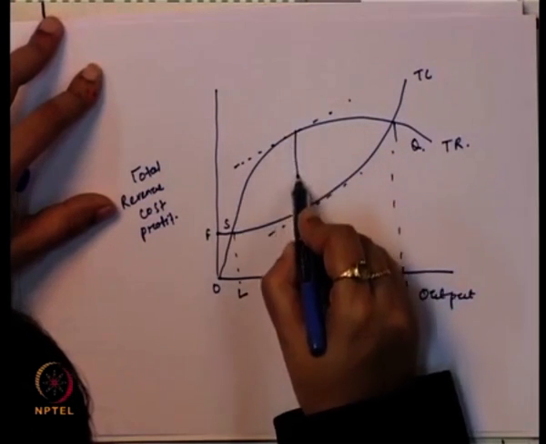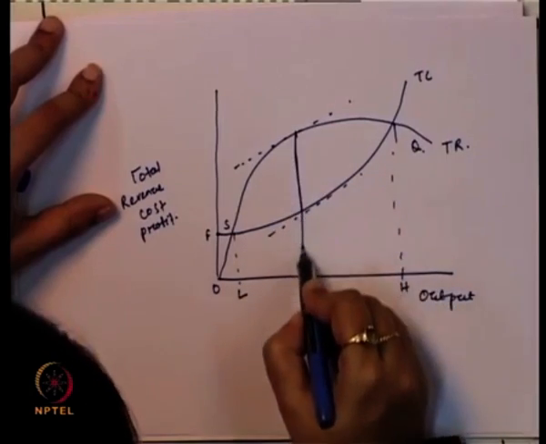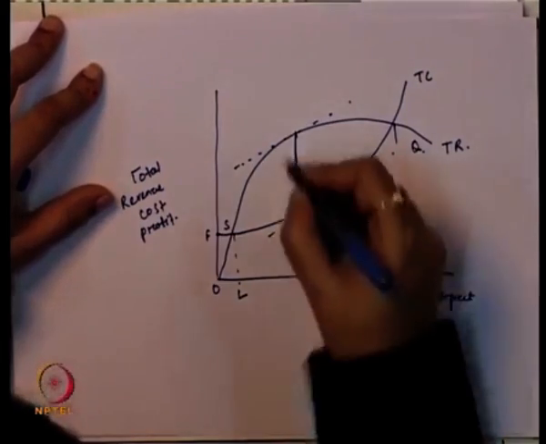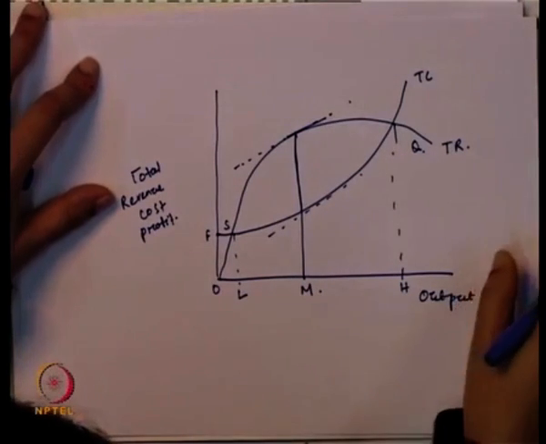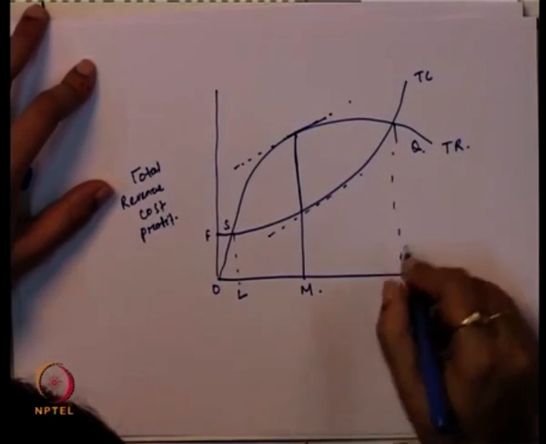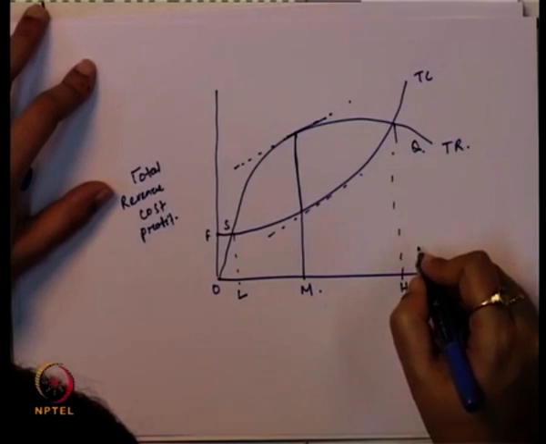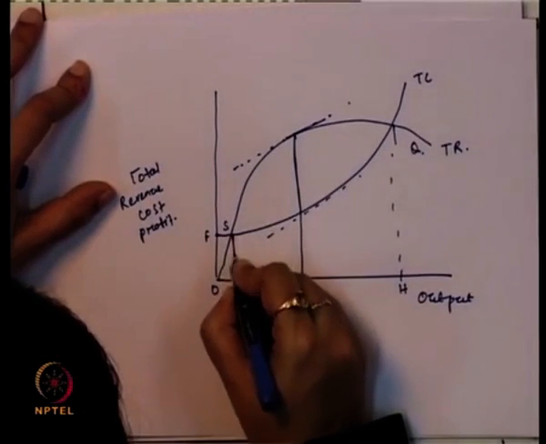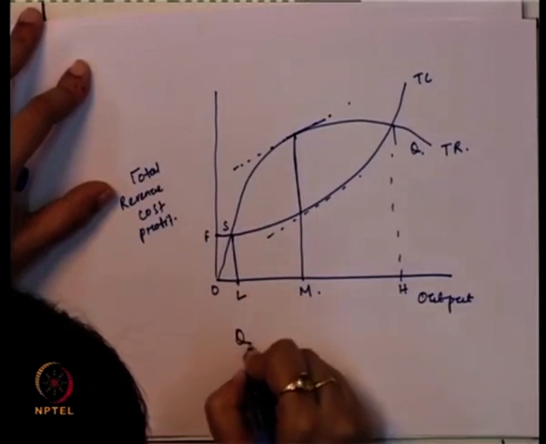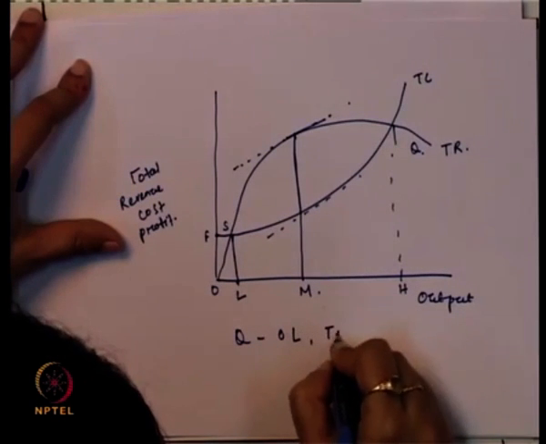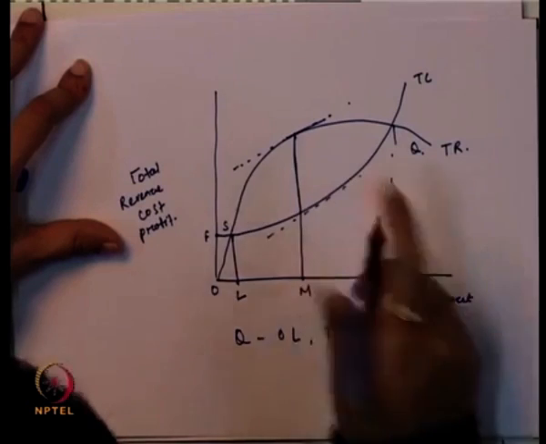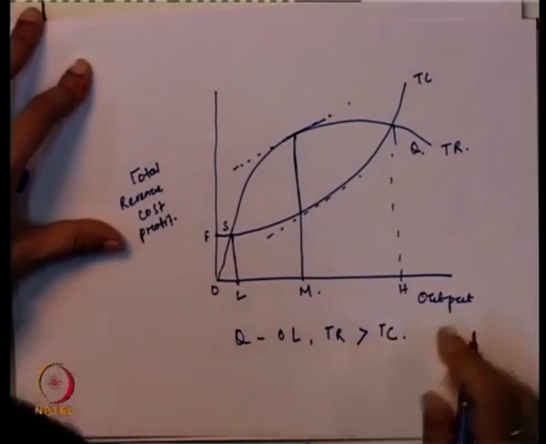We need to see, just by drawing a line, that this is the level of output. So, when the firm increases its output beyond OL, total revenue is greater than total cost.